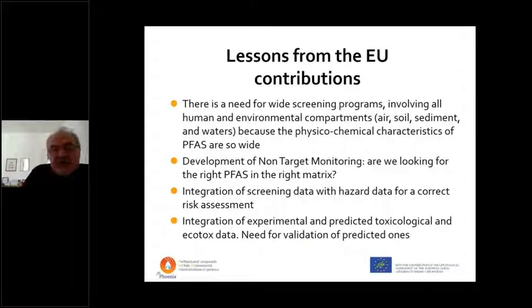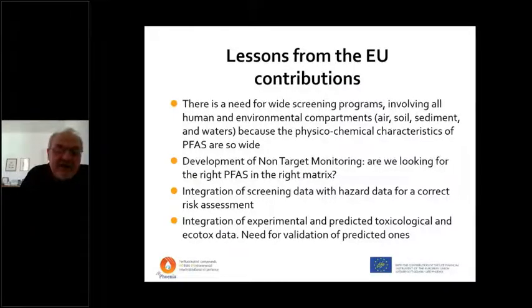That's very important, that there is the need for non-target monitoring, as we've seen from Xavier, also from specific methods of analysis, like the oxidative persulfate method. And also the problem is that all this data should be integrated in a screening data approach with the other data, and sometimes we do not have data available for all the compounds.